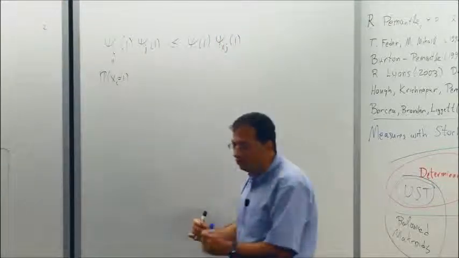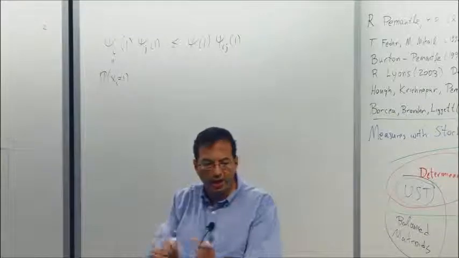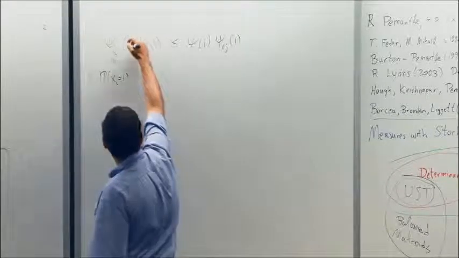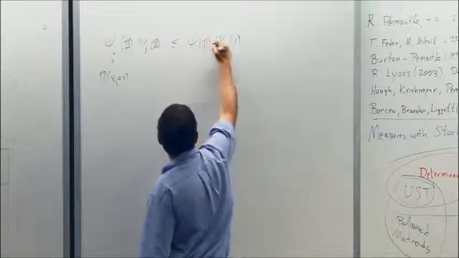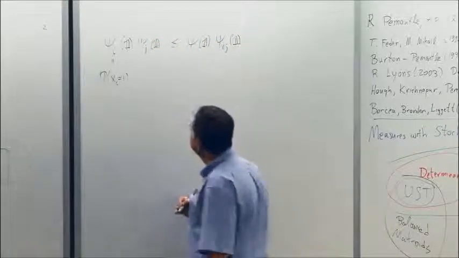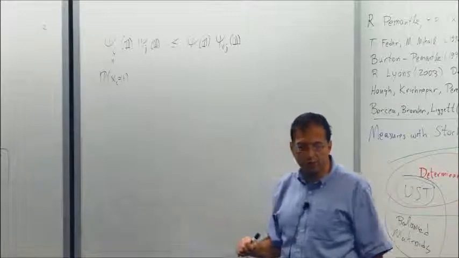So psi ij of 1 is exactly the joint probability of both i and j. And here 1 is a vector of 1s, so I need all of them to be 1s. So this is just pairwise negative correlation.